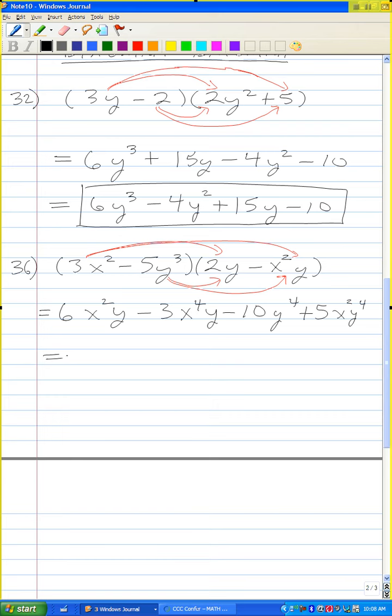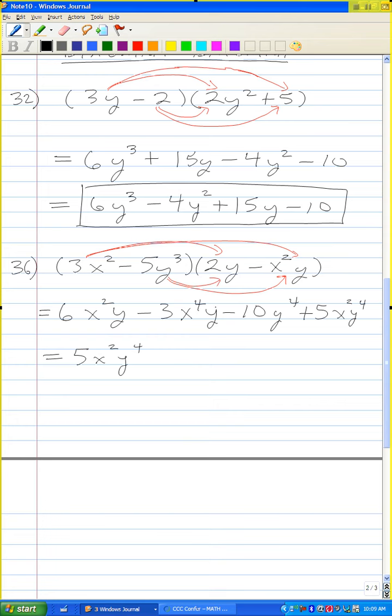Now, I'll write this in descending order. So let's see. I have here 2 plus 1, that's going to be 3, so that's a cubic term. 4 plus 1, that's 5, so that's degree 5. 2 plus 4 is 6. Oh, so let's write that first. So 5 x squared y to the 4.